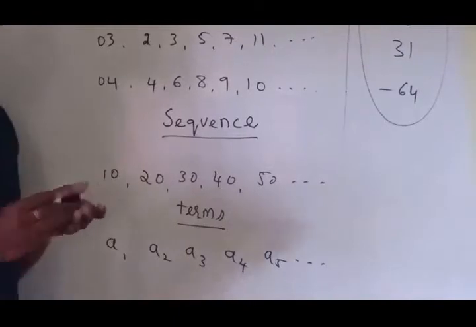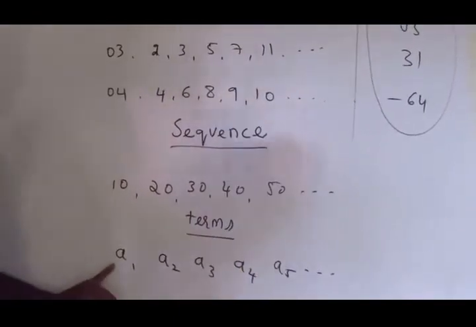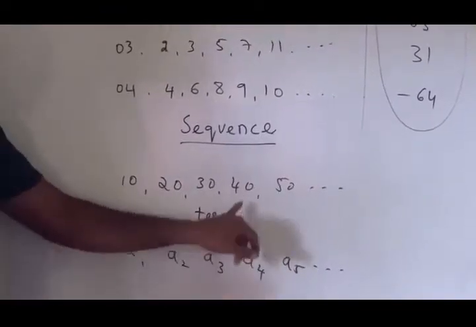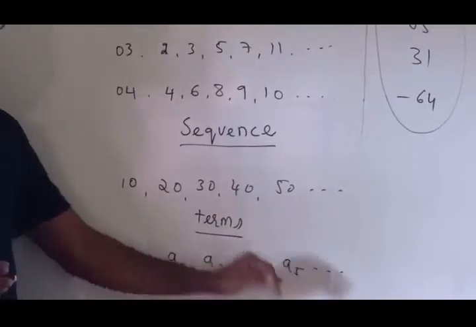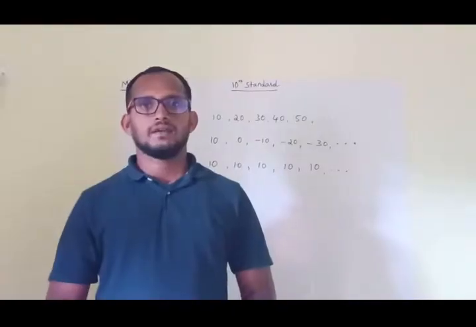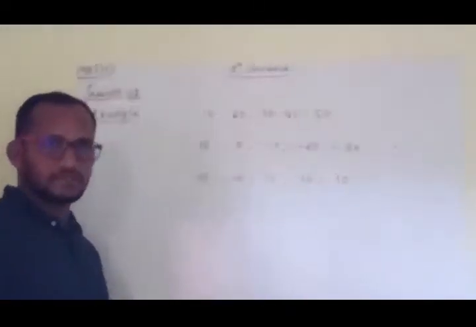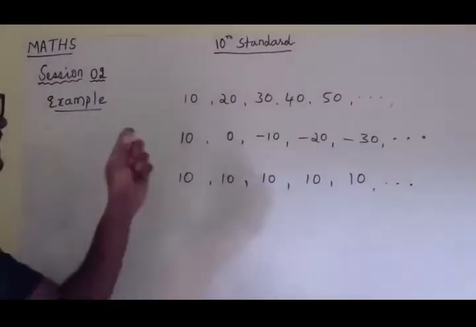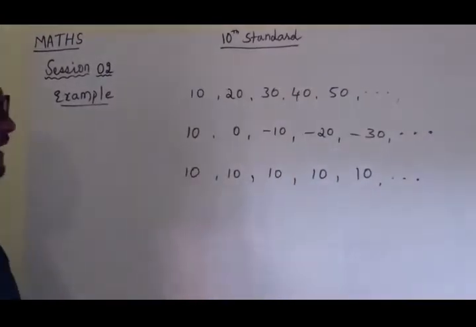It's a very important thing: the first term is represented by A1, the second term is A2, the third term is A3, the fourth term is A4 and the fifth term is A5. It continues. Now just look at these three collections of numbers and let's identify the hidden rule inside them.